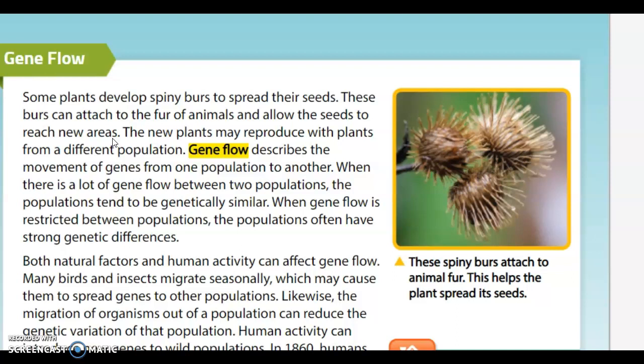So in this case, gene flow is described as the movement of genes from one population to another. That is, the populations are almost similar just because of this transfer of genes. When gene flow is restricted, the populations often have strong genetic differences.